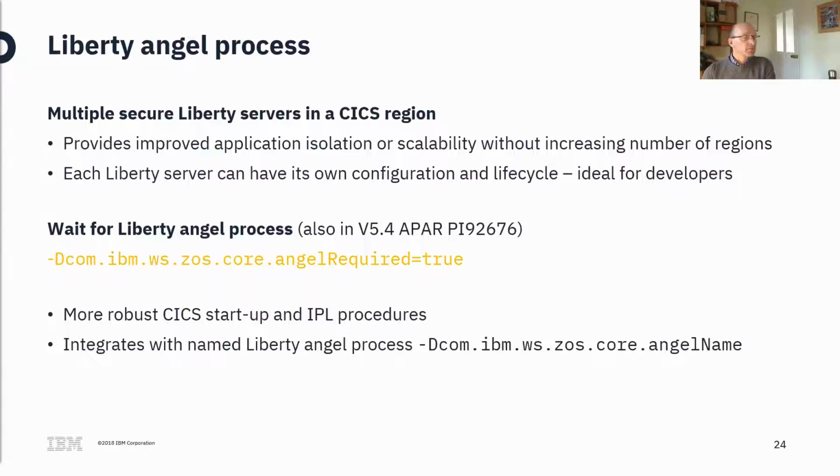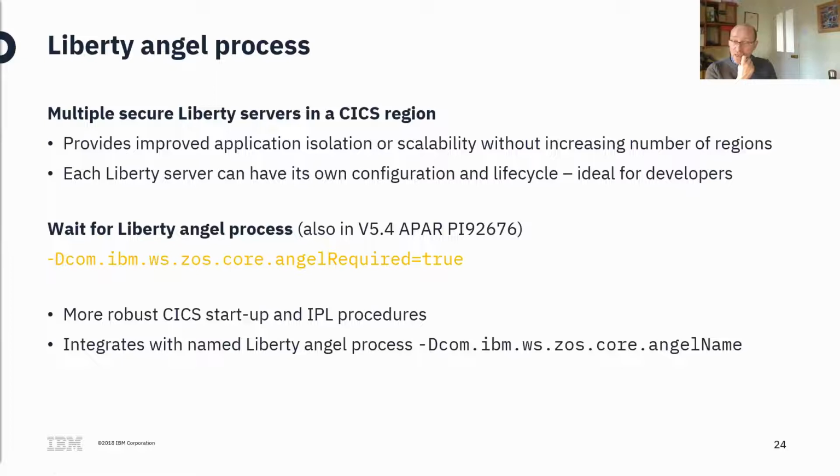In addition to this, we have the Wait for Liberty Angel. So we have a new system property, com.ibm.ws.zos.core.angel.required=true, and that's actually a Liberty system property. When running CICS, the CICS JVM server will use a special call to the Angel to validate the Angel is actually ready.